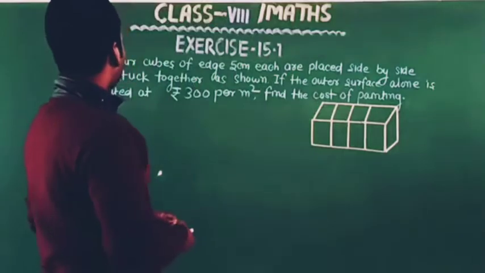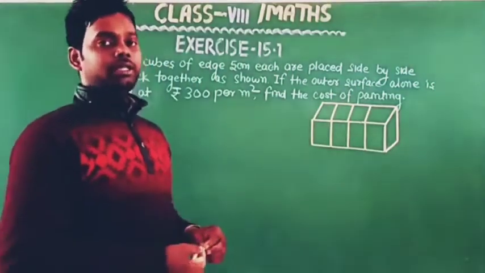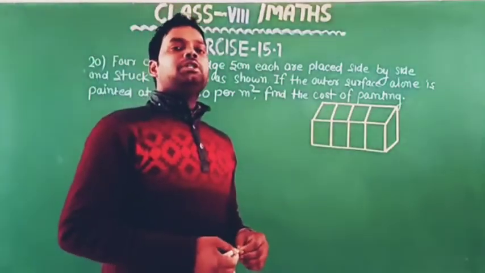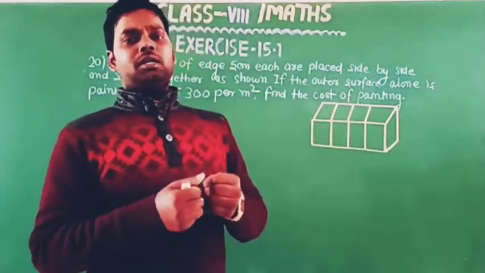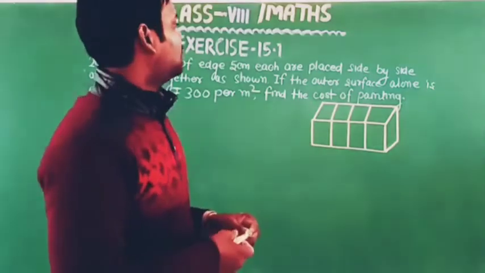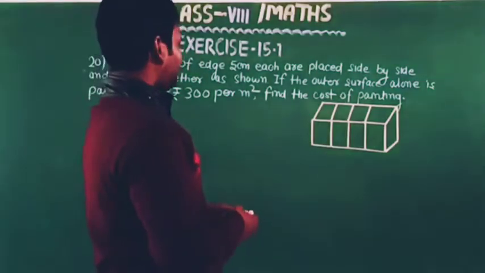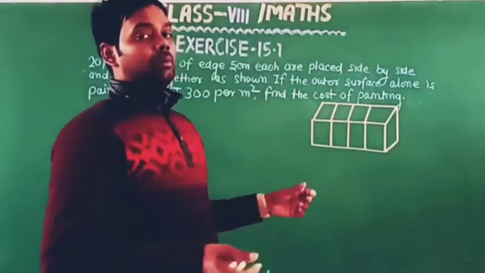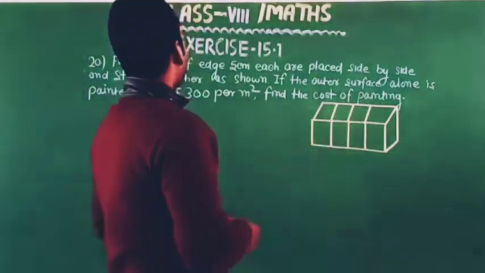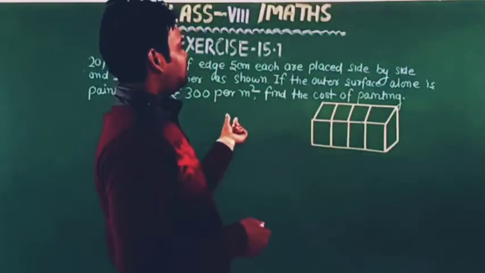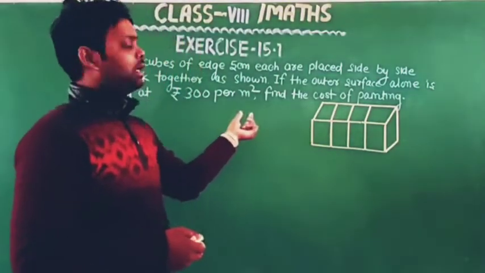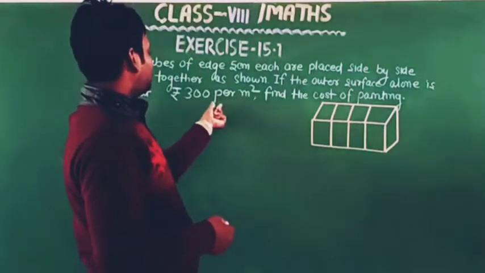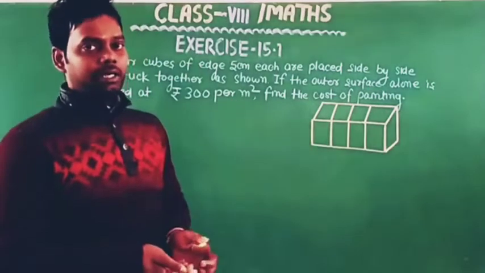In this question we have 4 cubes, each of side 5 cm, joined end to end, and we have to paint the outer surface area. Then find the total cost of painting, given the cost of 1 meter square is 300.